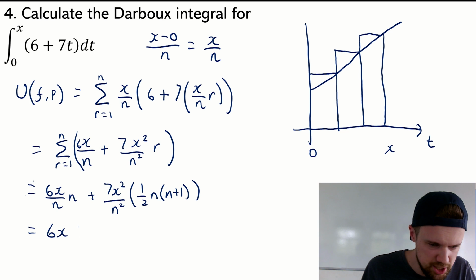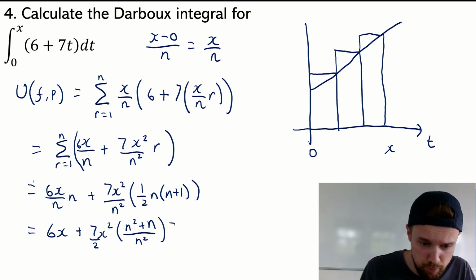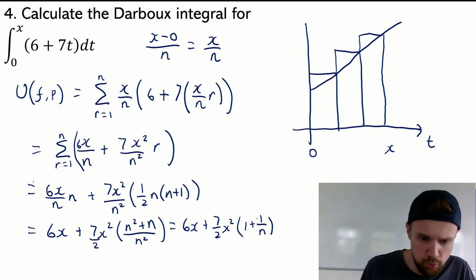So 6x plus 7x squared lots of, actually the 7 over 2 it would be technically, n squared plus n all divided by n squared, which I'm going to rewrite as 6x plus 7 over 2 x squared lots of 1 plus 1 over n. Cool, that is the upper Darboux sum done.